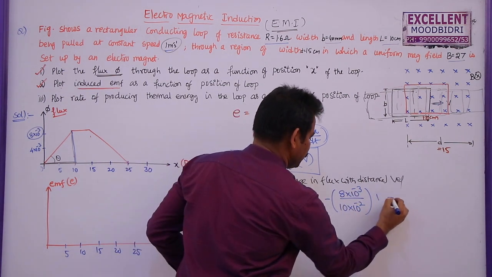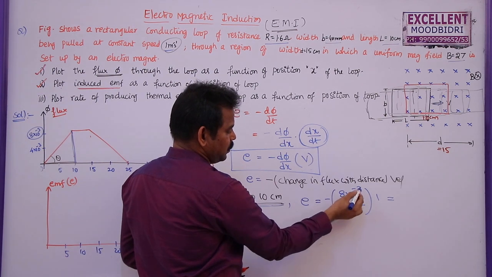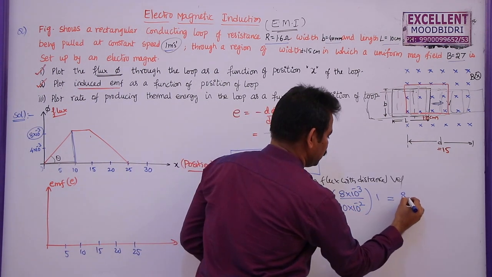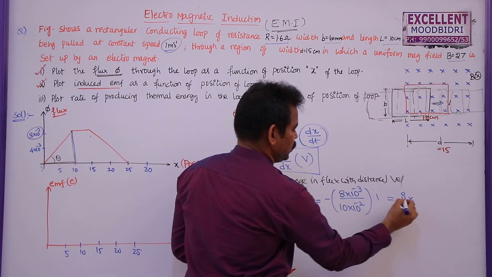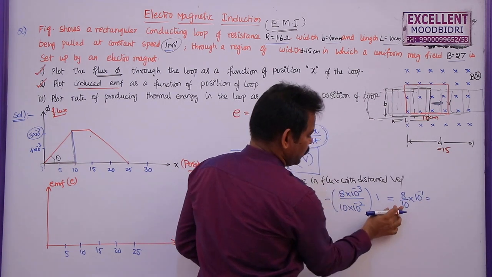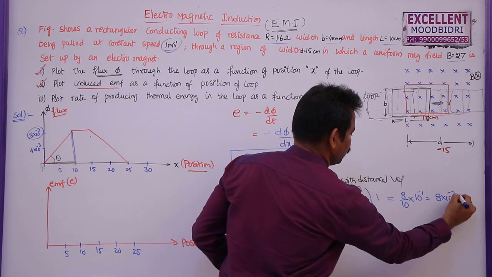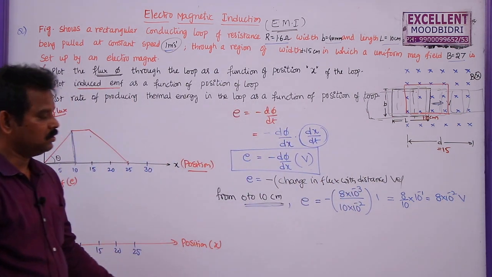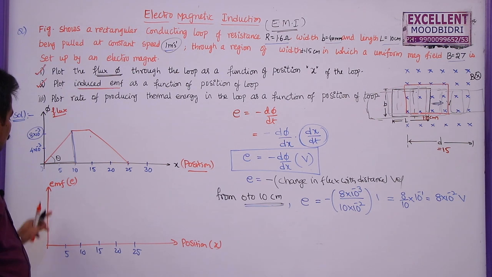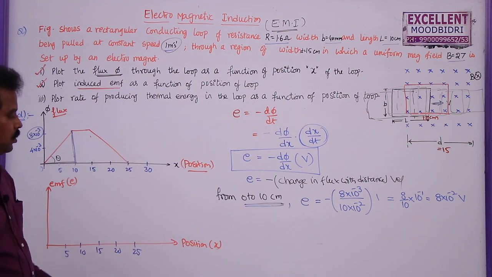So the EMF is 8 by 10 into 10 power minus 1, which is 8 into 10 power minus 2 volts. So this is the EMF induced from 0 to 10 centimeters. That is the maximum value here.